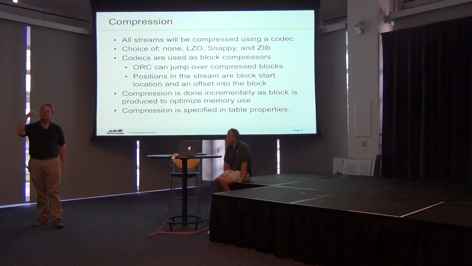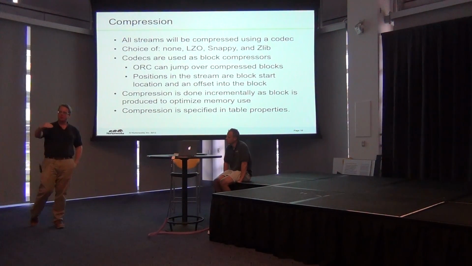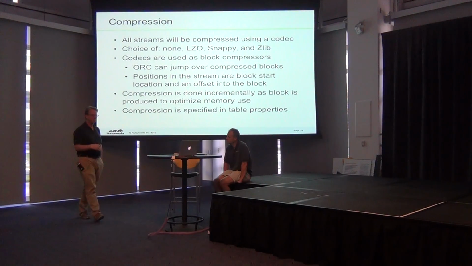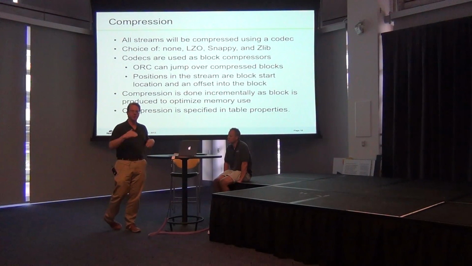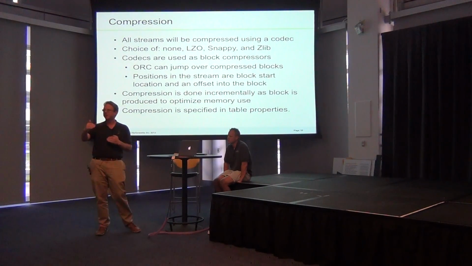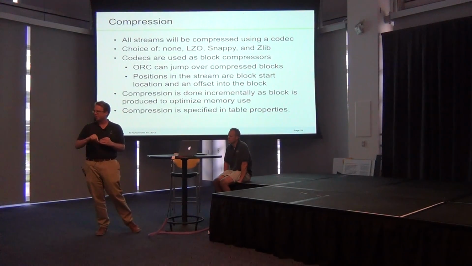So we need to know, okay, if we seek to this part, we start decompressing and skip over this many uncompressed bytes, we can jump into the compressed stream. That's actually really important, so that you don't have a whole too big byte chunk that you need to decompress to get the byte down to the bottom.